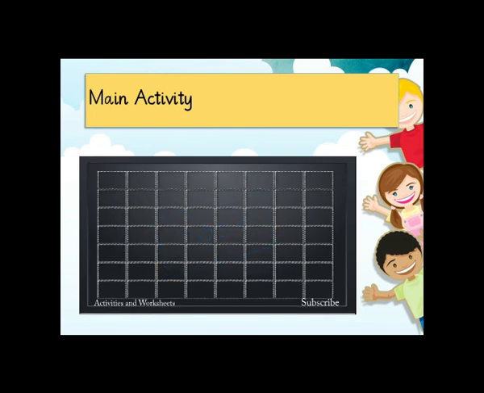Every kindergarten child knows 1 to 100 counting. Tell your child or student to write 1 to 30. For example, 1, 2, 3, 4, 5, 6 till the number 30. When they are done with their writing, now ask them to write these numbers in opposite direction.